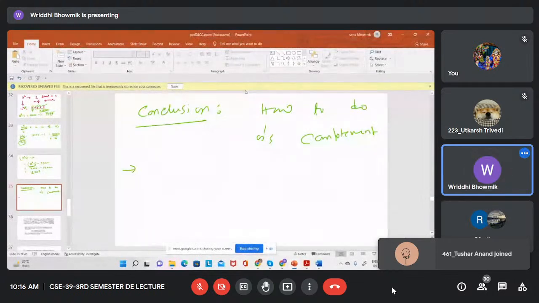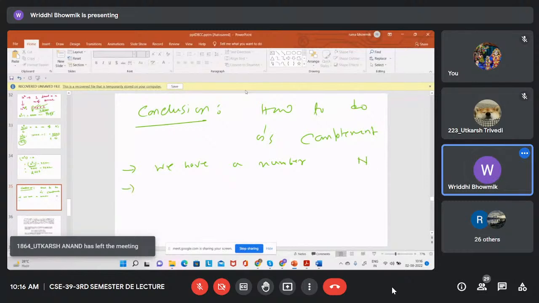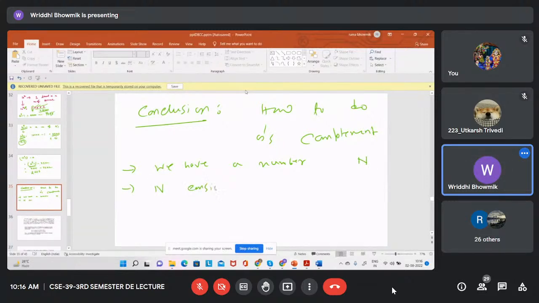Suppose we have a number capital N. Capital N consists of small n digits. So what you have to do? We have to subtract each digit present in capital N from 9.